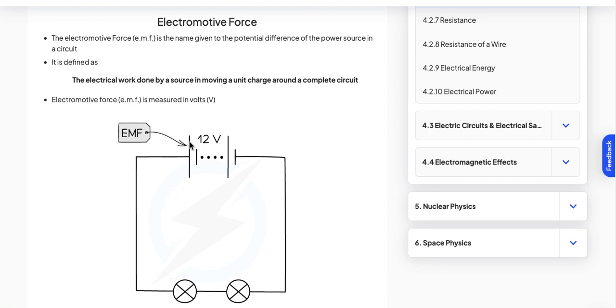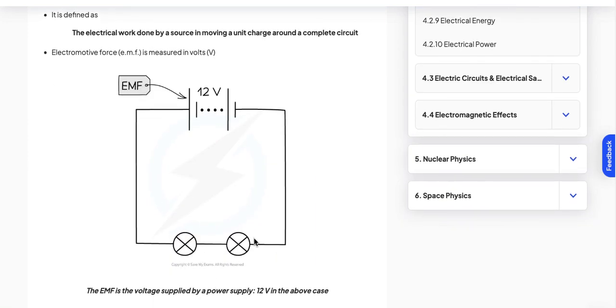So the source EMF drives the charge round to this component, and then from the component, the PD or the voltage here continues to drive this back to the source.